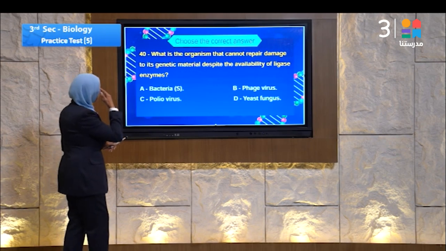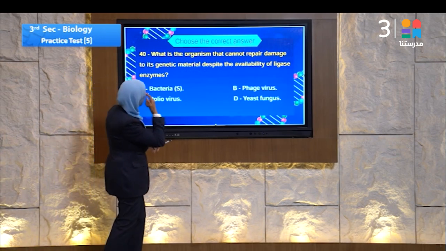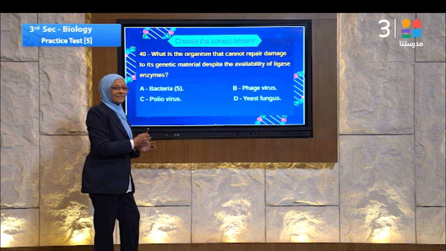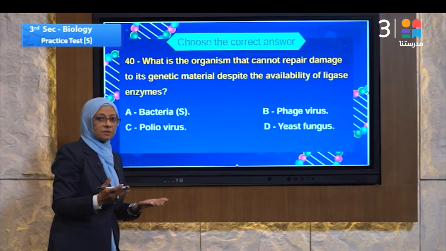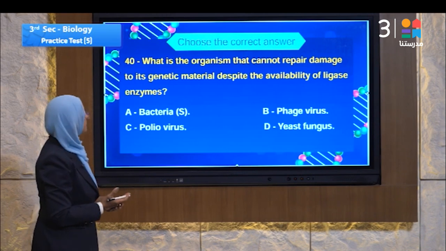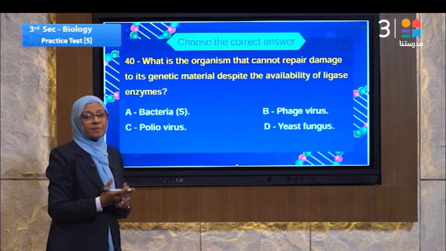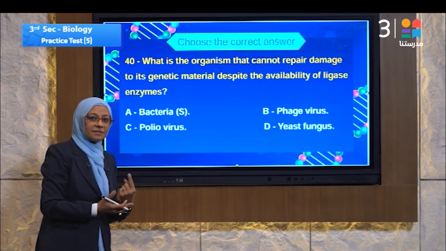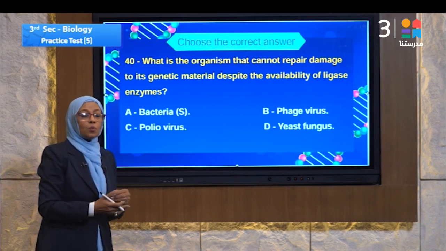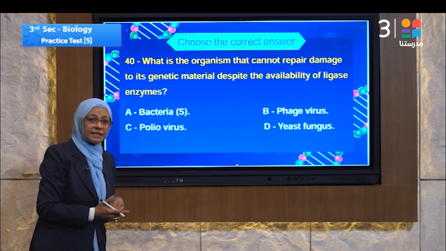Question number 40 speaks about organisms. Let's read. What is the organism that cannot repair damage to its genetic material despite the availability of ligase enzyme? When we cannot repair our genetic material, when we have a one-strand nucleic acid, which of them, DNA or RNA, has one strand?